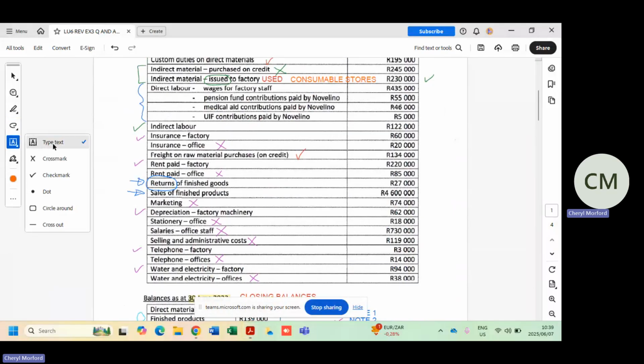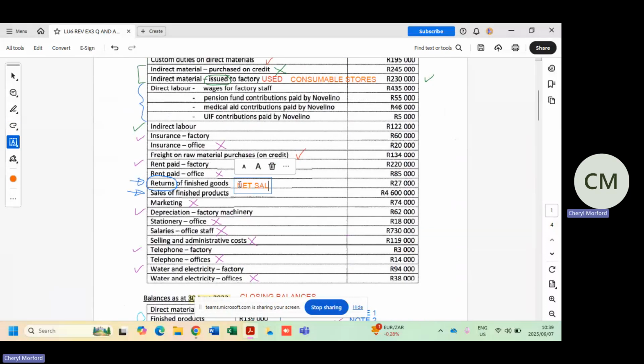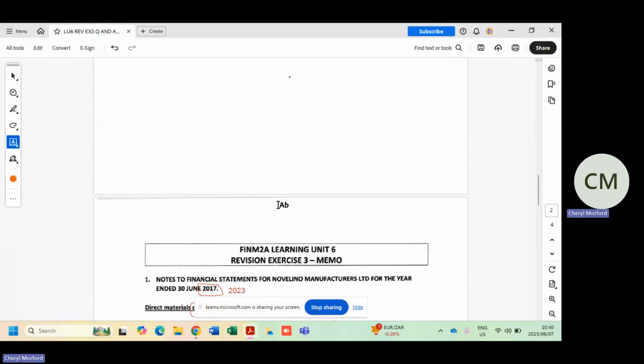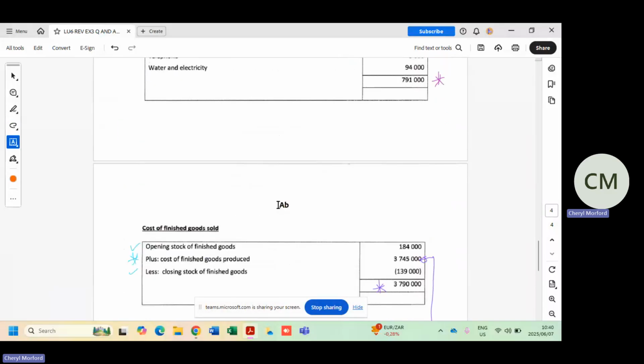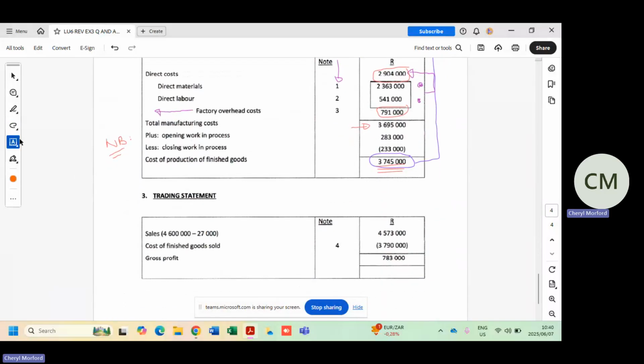Let's type that up. That's important here. We are including net sales. So your sales less your returns. Then we need to subtract the cost of the finished goods sold. That will give us the final thing we're looking for of gross profit. So let's see in my trading statement. Here we are.